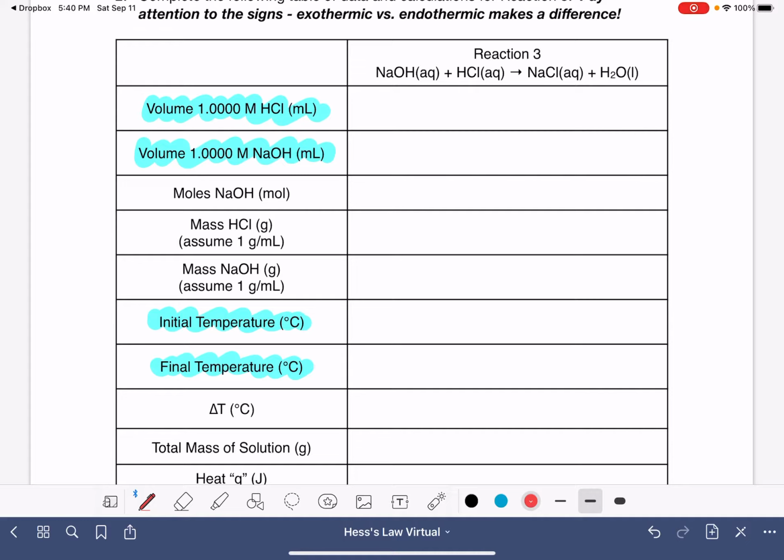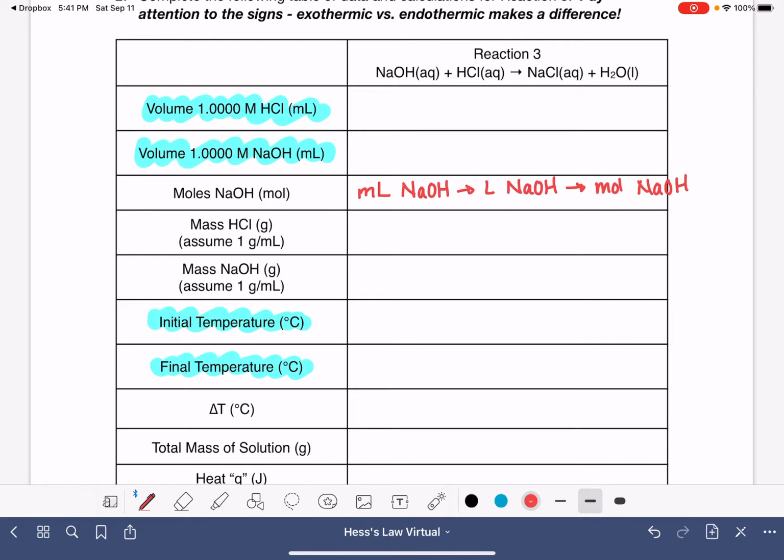Starting with the moles of NaOH, we're going to be using the molarity to convert from milliliters of NaOH into moles of NaOH. And this is one that we don't have a ton of practice with. So really, you might want to think about this as milliliters to liters, and then liters to moles of NaOH.